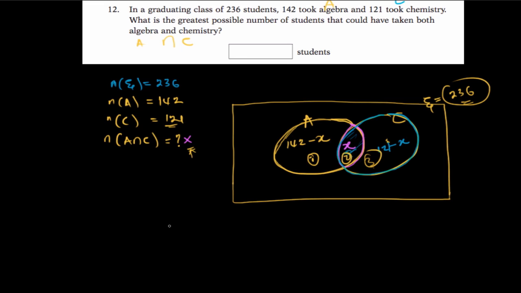What I have here is 142 minus x, plus x, plus the next one, 121 minus x. This is going to give us 236. So let's go ahead and simplify. What you have is 142 plus 121, then negative x crosses this out, so what you're left with is negative x equals 236.